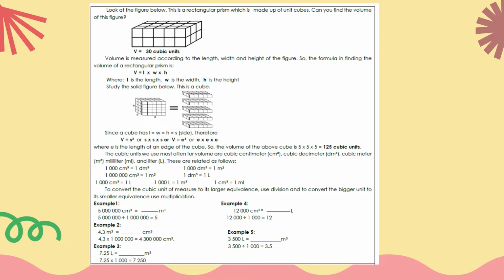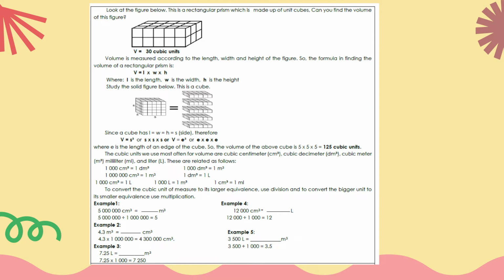You may study the solid figure below. This is a cube. Since a cube has L equals W equals H equals S, which is side, therefore volume equals side cubed, or S times S times S, or V is equal to e cubed, where e is the length of an edge of the cube.